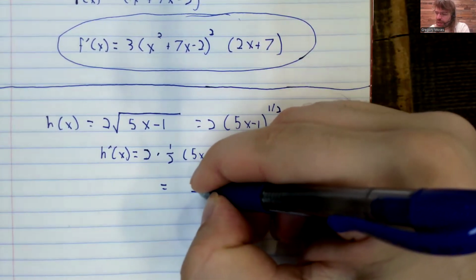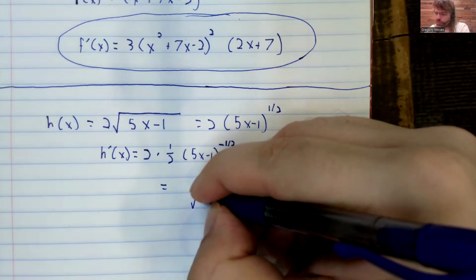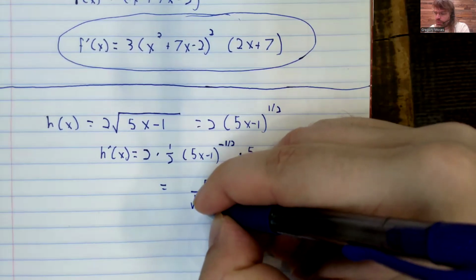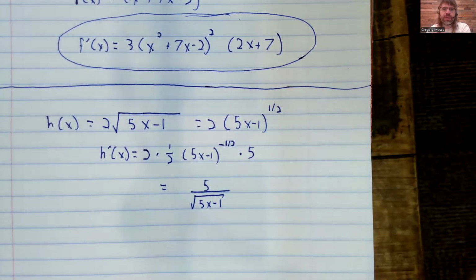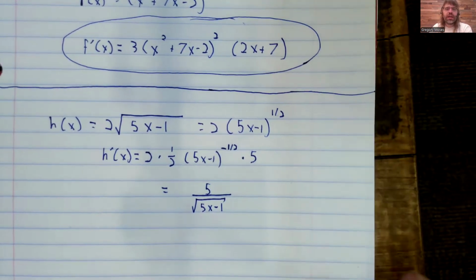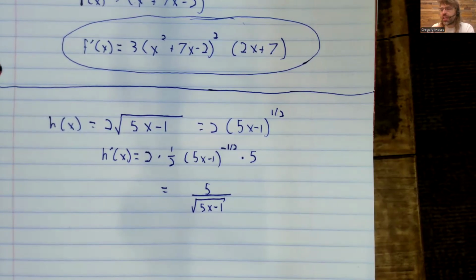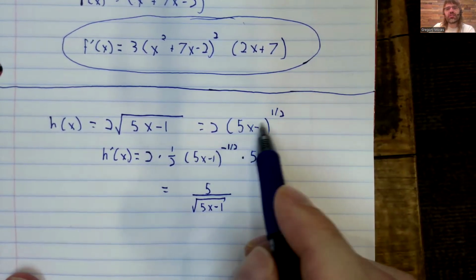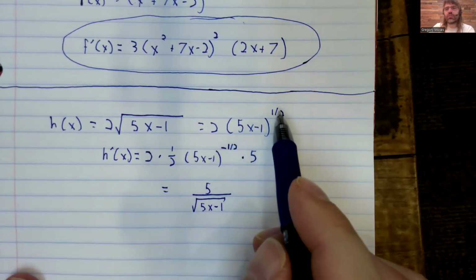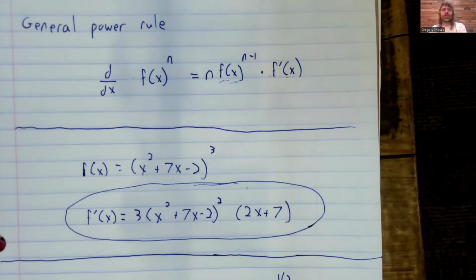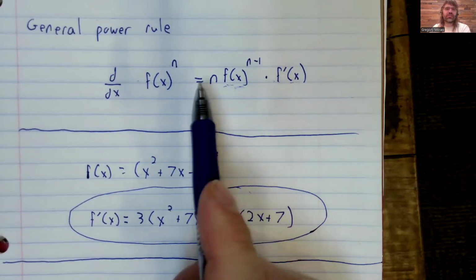And we get 5 over the square root of 5x minus 1. And again, this is really the chain rule, but we're not messing around thinking about inside and outside functions. We're just thinking that we have an expression, this 5x minus 1 raised to a power, and we're using this version of the power rule.